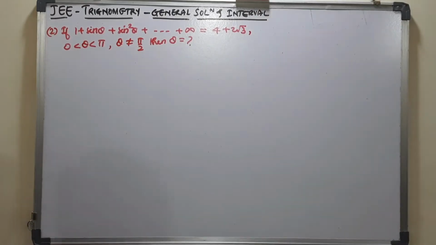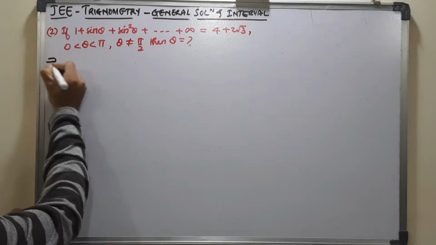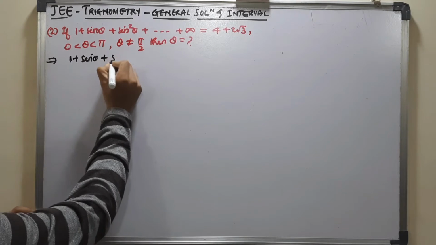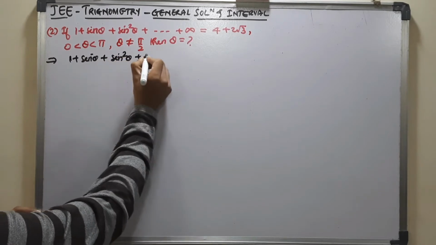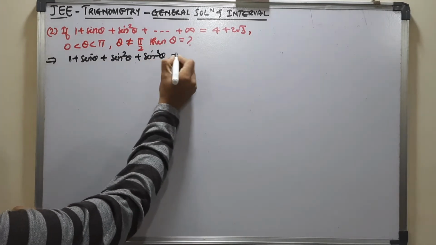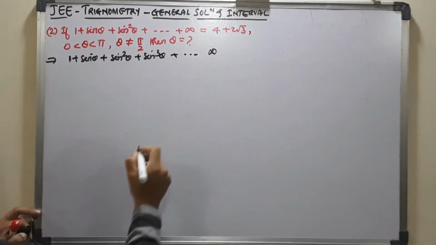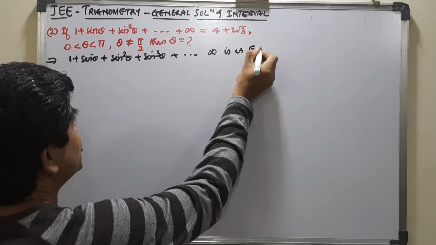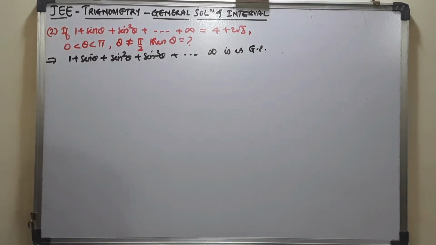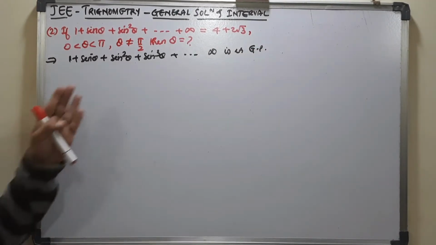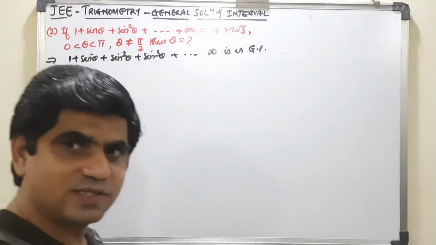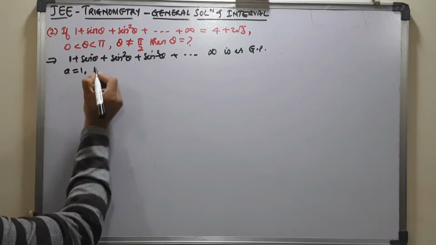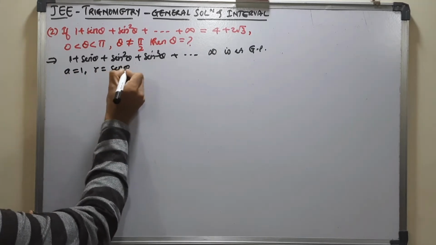So if I see this particular equation over here, what I find, 1 plus sin theta plus sin square theta plus sin cube theta further, and so on up to infinity is nothing but a geometric progression. And if it is a GP, that is any term over previous term is a constant ratio, so obviously your a will be 1 and r is equal to sin theta.